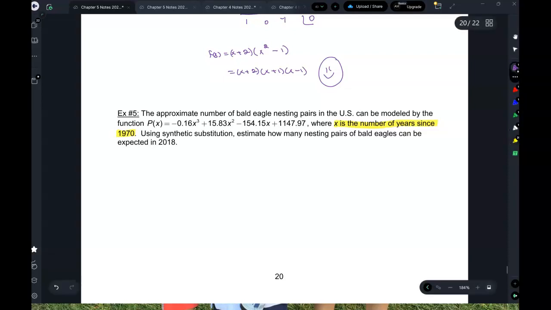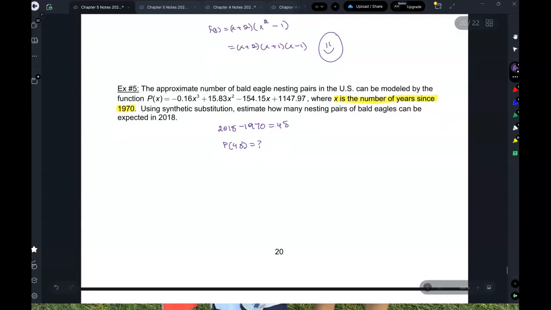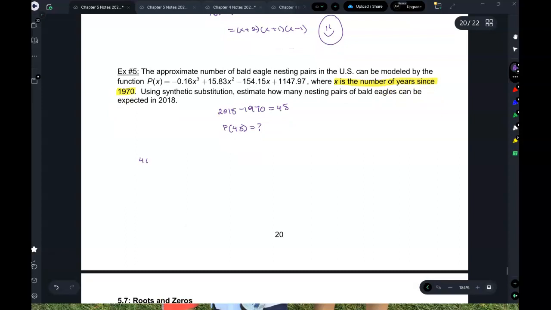So first of all, in 2018, how much is x? Correct. So what I really want is p of 48. Okay? P of 48. So one way, until now, the way we would do this is we would take 48 and plug it into each of these x values. But it says here to use synthetic substitution to do this. So here I put the 48.